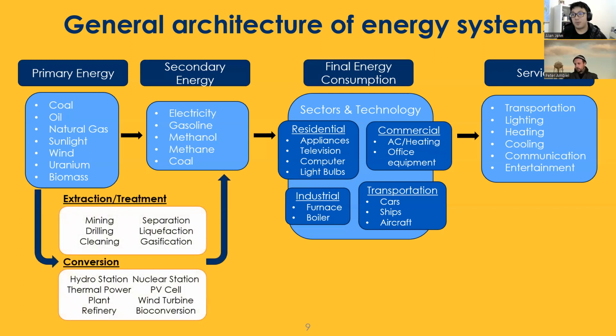So it gets a little bit more detailed. In each step, there is a whole bunch of other stuff that happens that can be included in your energy system, again depending on the context of what you're investigating. But to get from primary energy to secondary energy, you might have extraction and treatment processes in order to get at the primary energy, and then conversion in order to transform your primary energy to secondary energy.